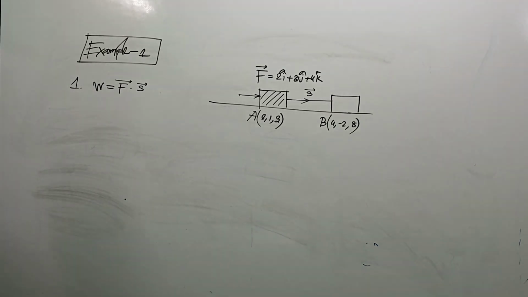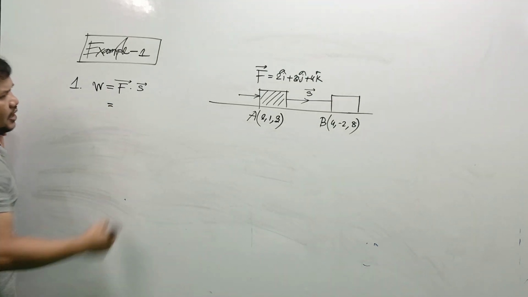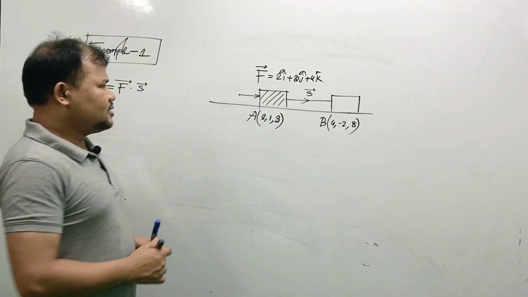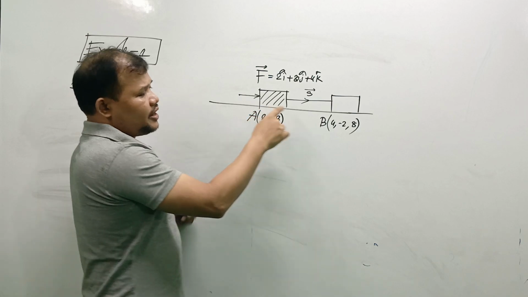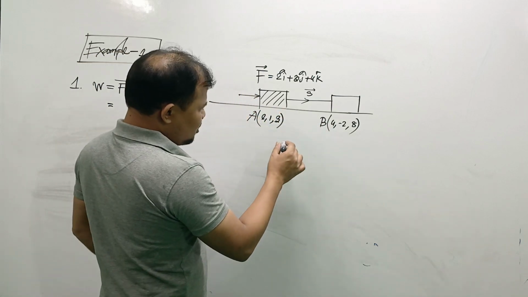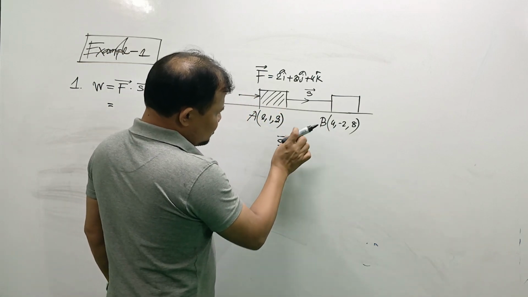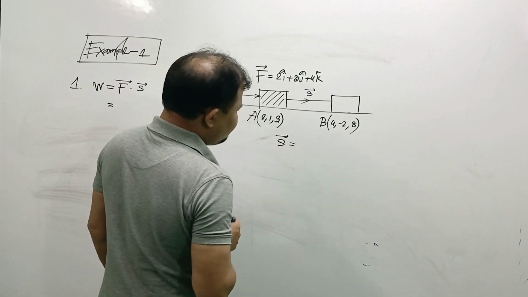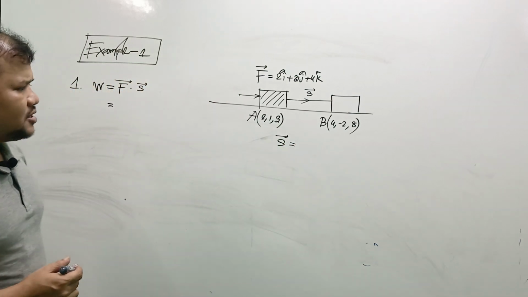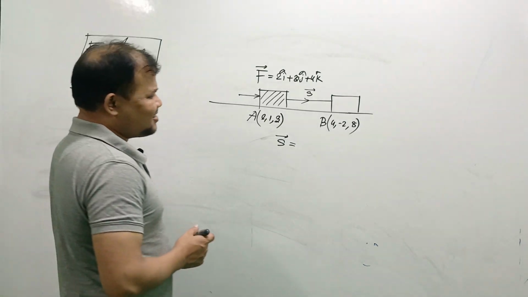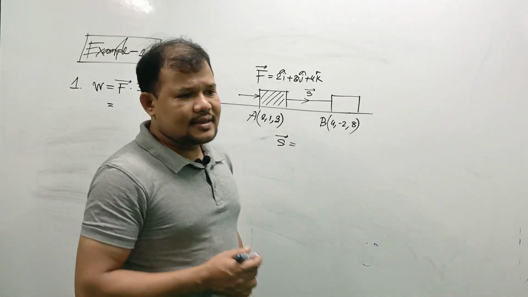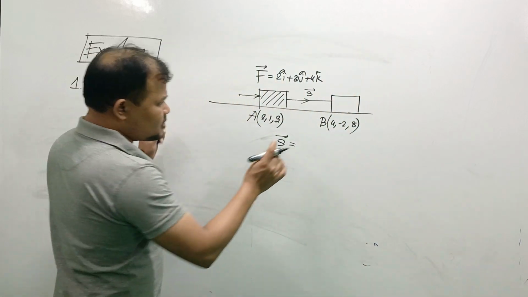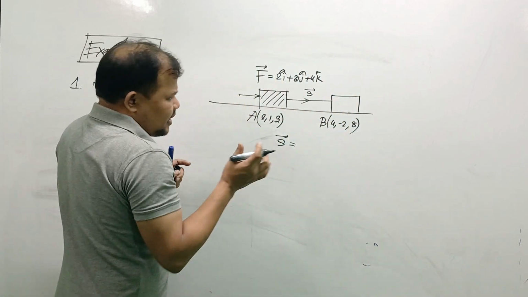Now for measuring work, at first our duty is to find the displacement. Here we have the coordinate for the initial position and the coordinate for the final position. We know from our vector chapter that for any vector, if the initial point and terminal point are present, we just take the difference along the x-axis, the y-axis and the z-axis.